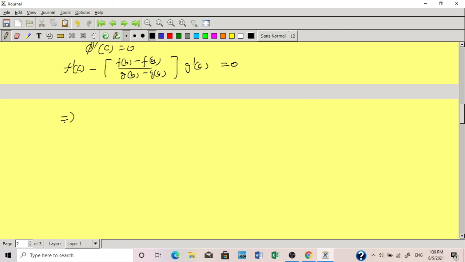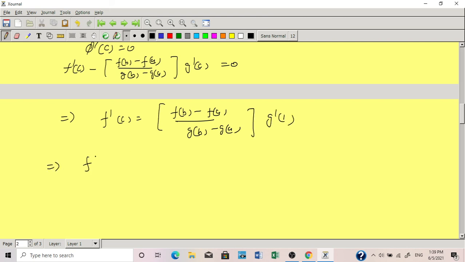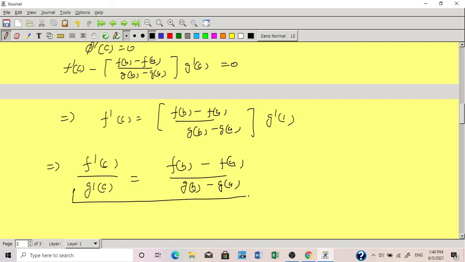This implies from here we will get f dash c is equal to f of b minus f of a divided by g of b minus g of a multiply by g dash c. This implies f dash c divided by g dash c is equal to f of b minus f of a divided by g of b minus g of a. So this is the proof of the Cauchy mean value theorem, right?